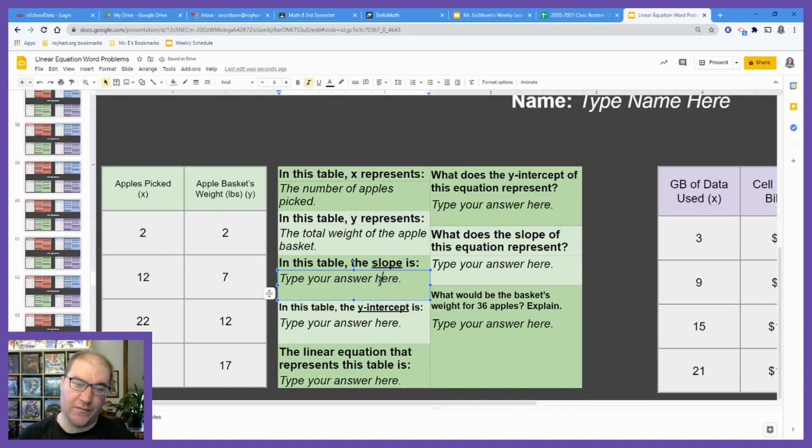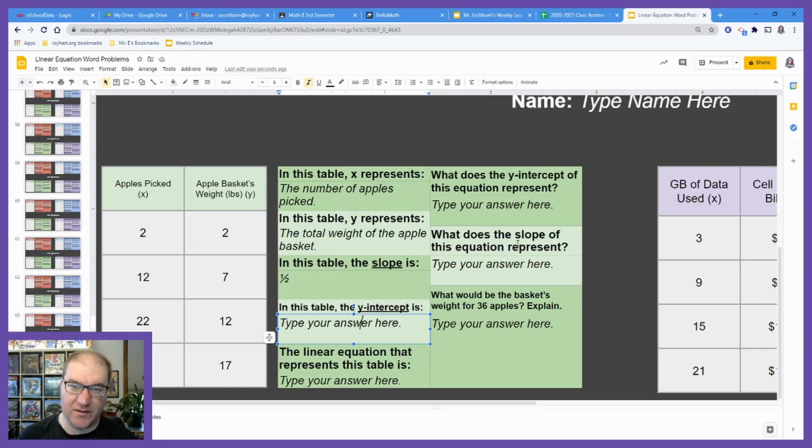To find the slope, we find how much the Y's are changing, then divide it by how much the X's are changing. 2, 7, 12, 17, those are all going up 5. Apples being picked, 2, 12, 22, 32, those all go up 10. So 5 divided by 10 is a half. The slope is a half.